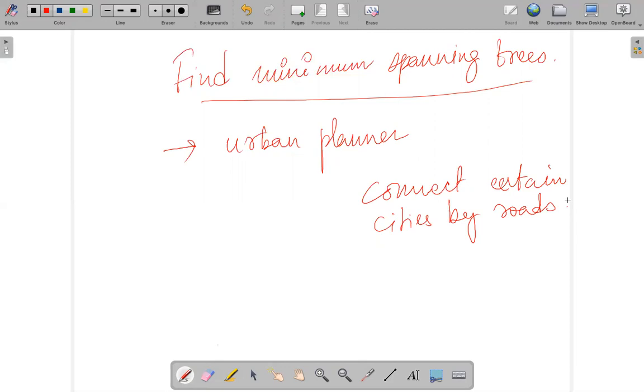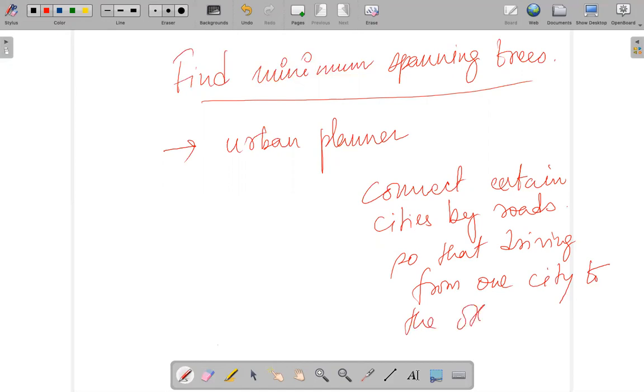So you want to connect the different cities by roads, so that driving from one city to the other is possible. So this is the objective.